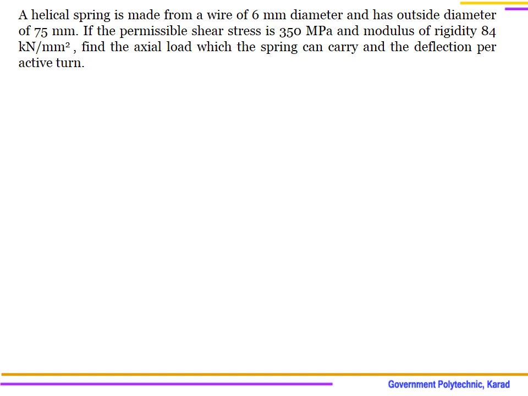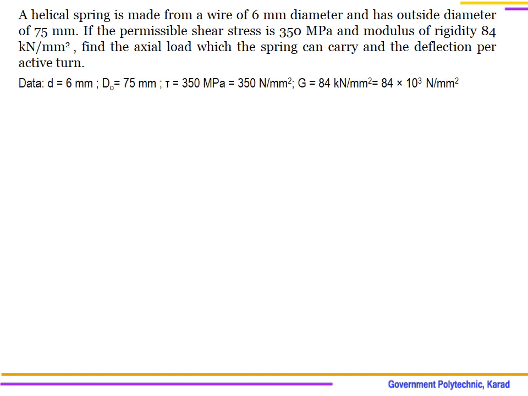If permissible shear stress is 350 MPa, so tau becomes 350 Newton per mm square, and modulus of rigidity is 84 kilonewton per mm square, so 84 into 10 raised to 3 Newton per mm square. We are supposed to find the axial load which the spring can carry and the deflection per active turn. So this is the data given.